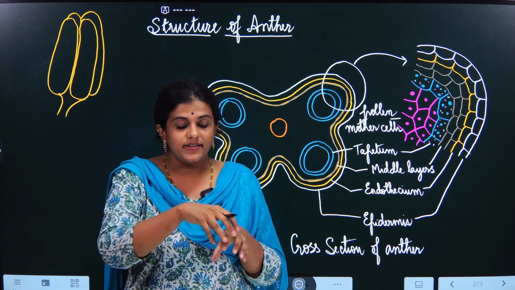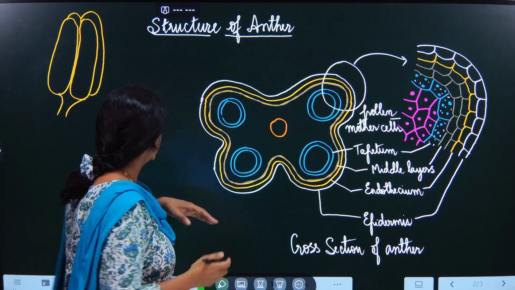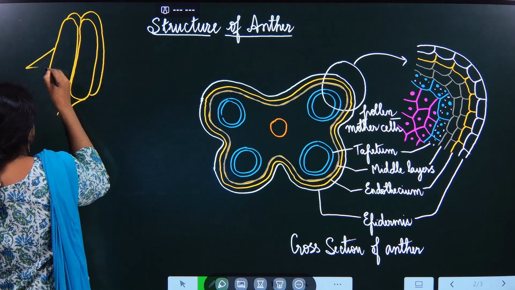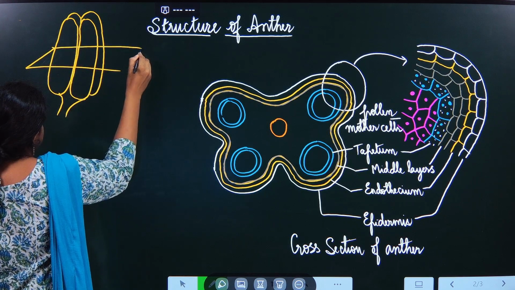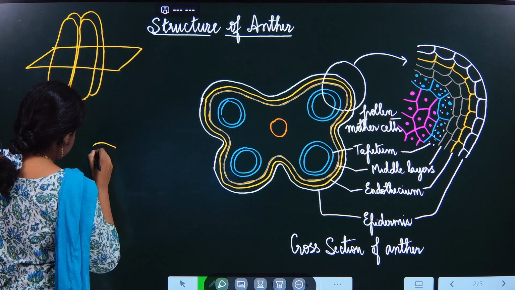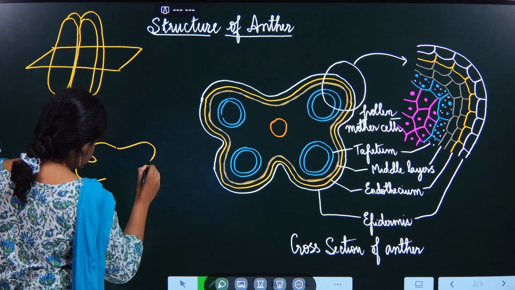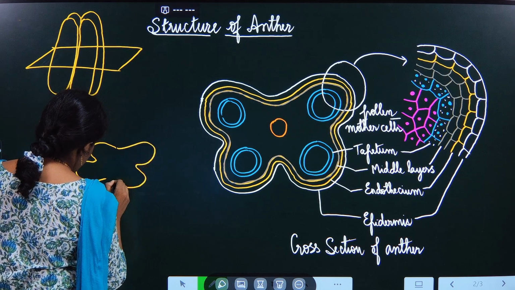So, altogether it has got four chambers. If I have to take a cross section of this, how does it look? It will look like this. With this diagram you will understand the structure of anther more clearly.